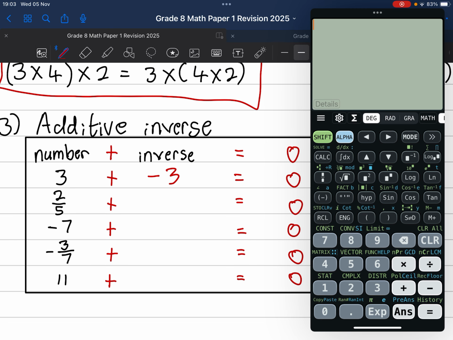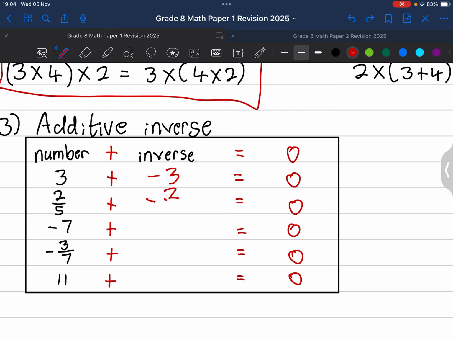What about 2 over 5? 2 over 5 plus negative 2 over 5 would give you 0. So there's a pattern here. The pattern is quite simple. The pattern is that we are using the same number, but we are just changing the sign.